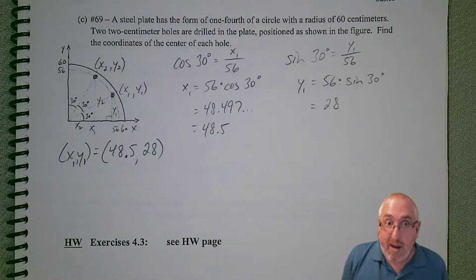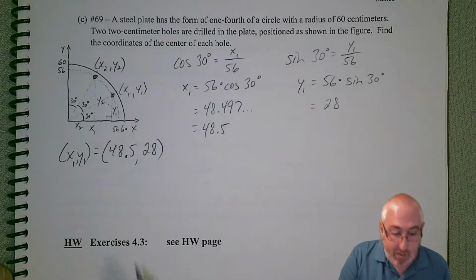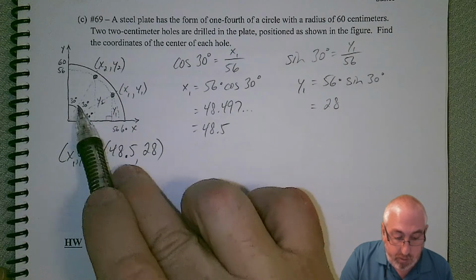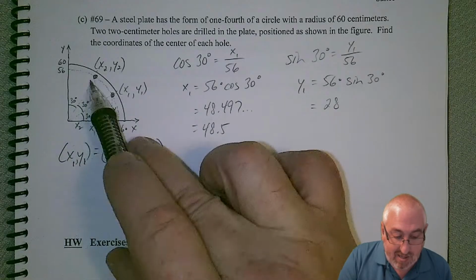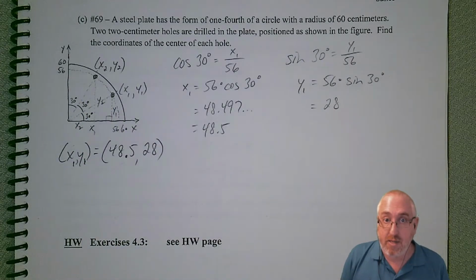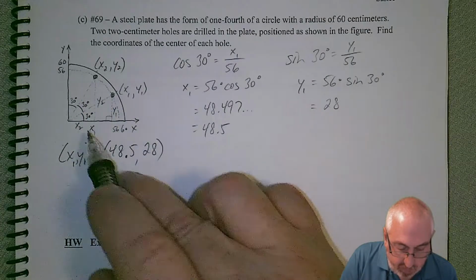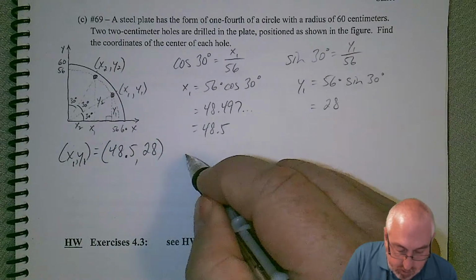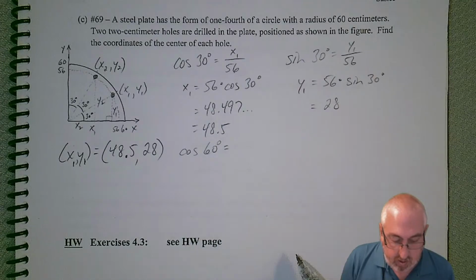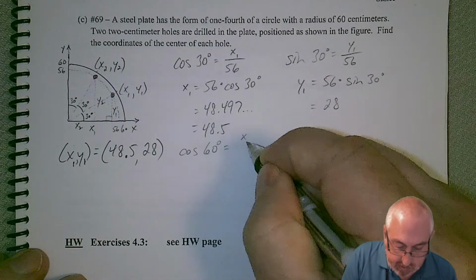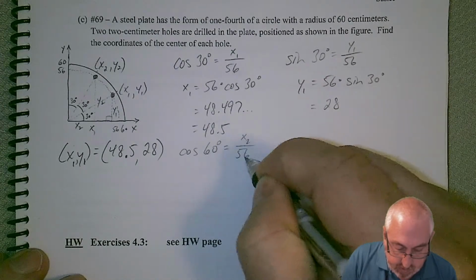But what about our angle? Well, now we got to be careful because now we've got two 30 degrees, so we now have 60 degrees, but we still have that same hypotenuse of 56. So if we want to find x, we're going to have to use cosine again of our 60 degrees equals x2 over 56.